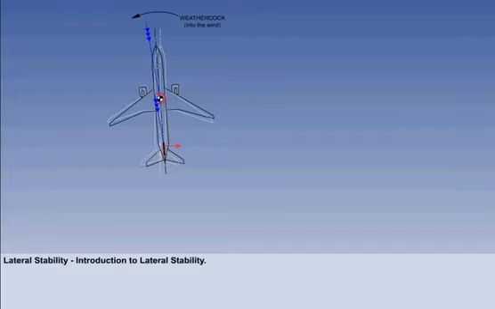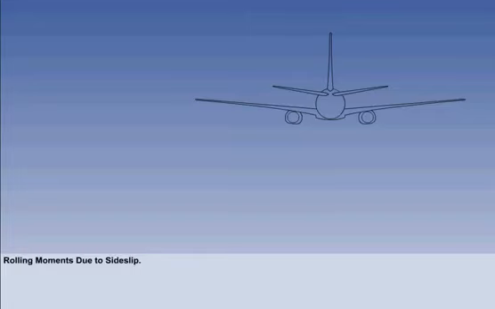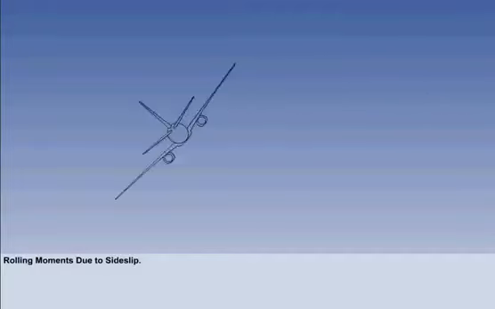For the study of lateral stability, we will concentrate on the rolling moments generated by a side slip. The type of lateral stability is determined by the direction of the rolling moment generated by the side slip. If the side slip generates an unfavourable rolling moment, the aircraft will roll further away from wings level.